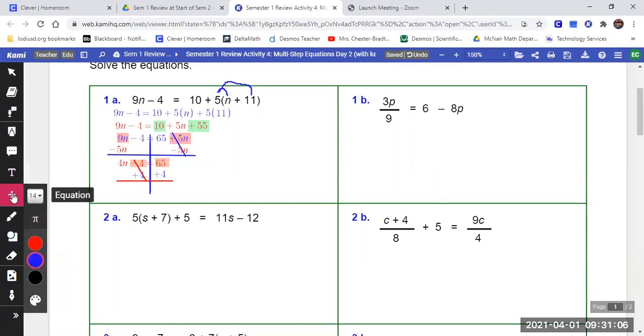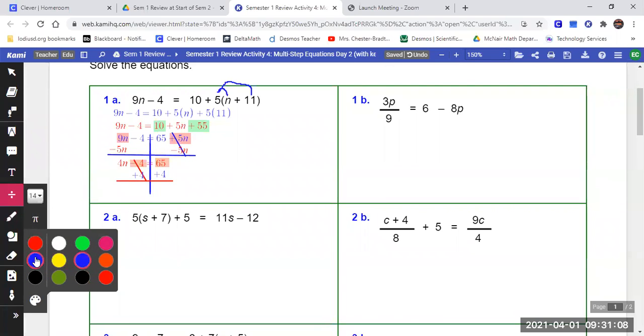We don't need it anymore. It's done. What is left on the left-hand side to work with then? 4n. What is left on the right-hand side?